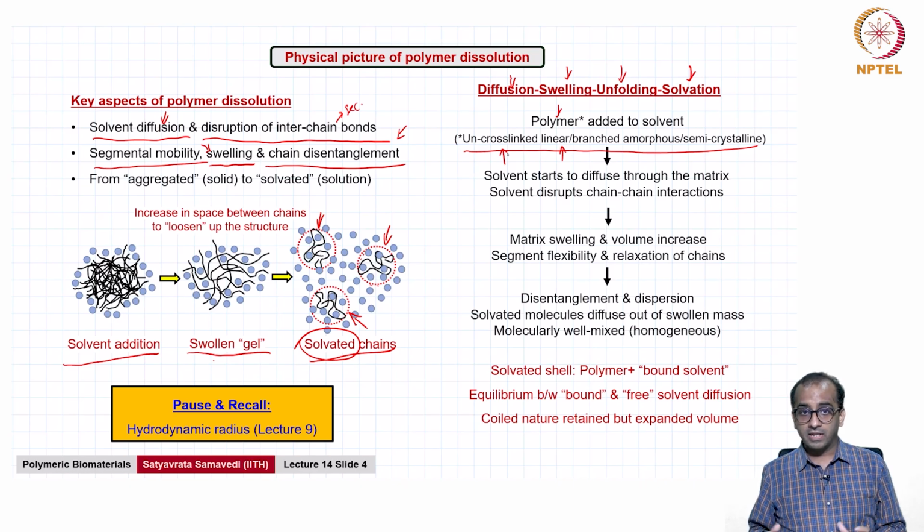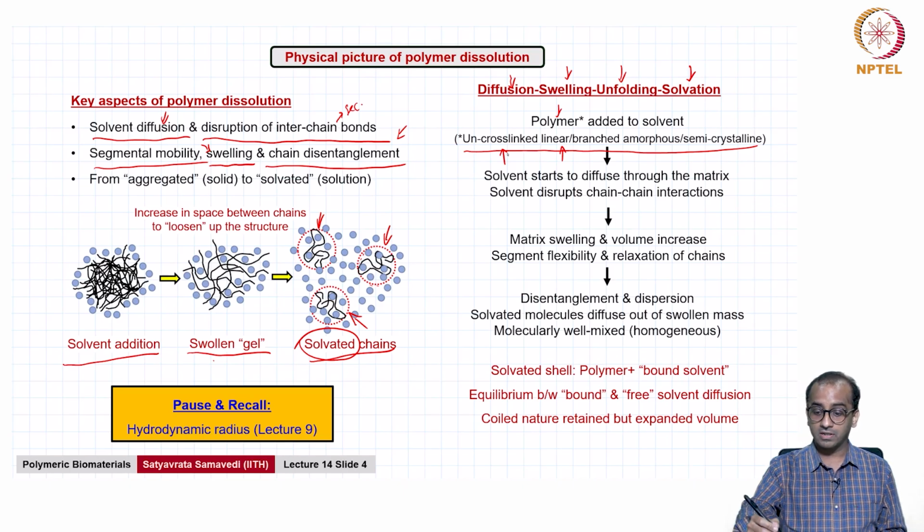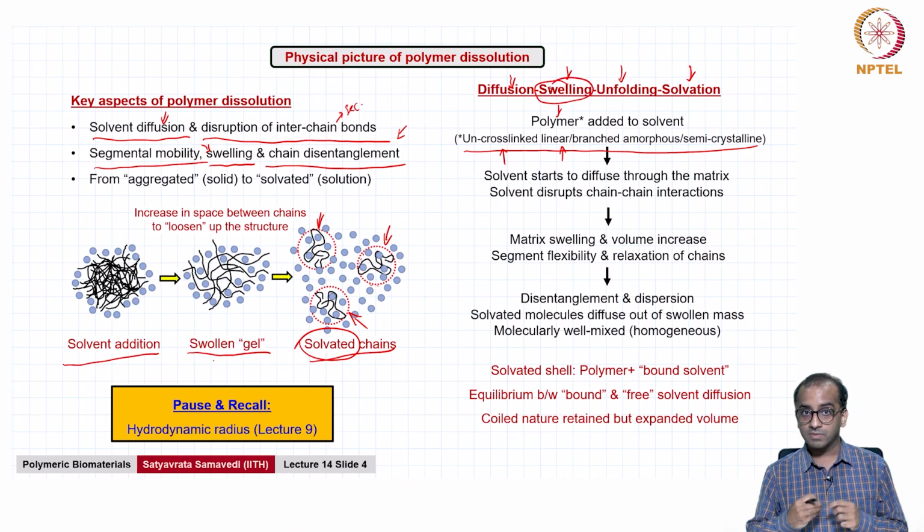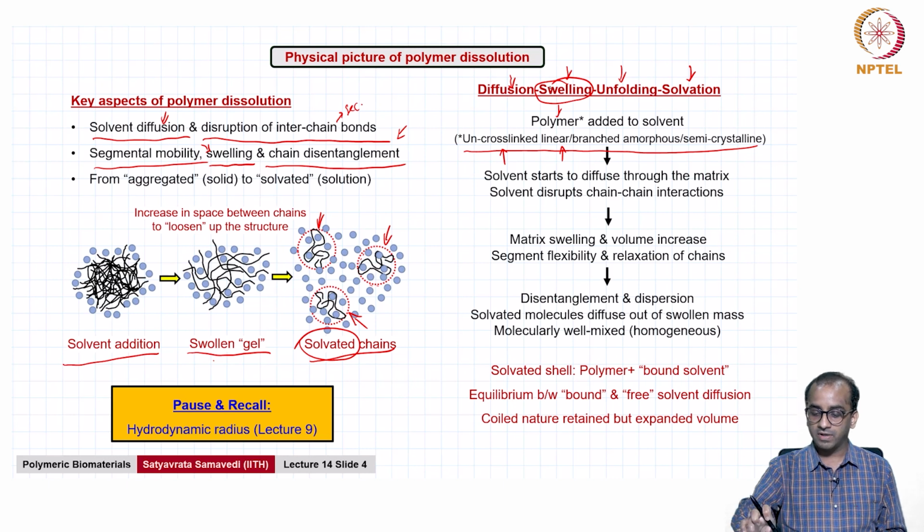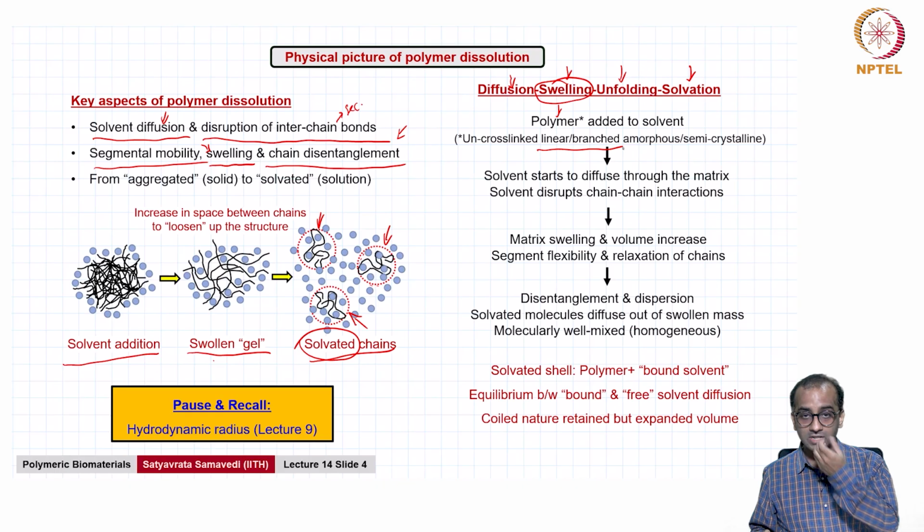And there, you're going to have swelling of the network itself that happens. That is not the same as the swelling I'm talking about here. There, the cross-links between the chains have a close interplay with the solvent penetration into the network. So, we are not considering those kinds of systems here. We are considering uncross-linked, linear or branched, amorphous or semi-crystalline polymers in this lecture.